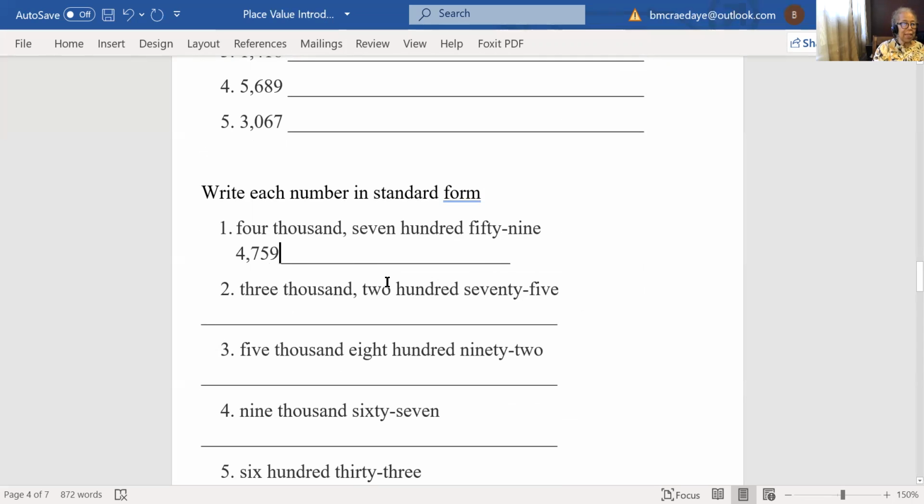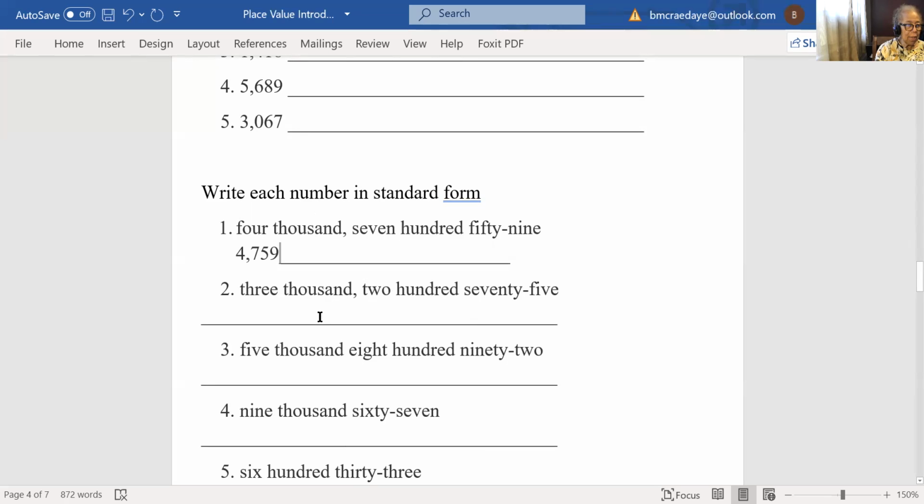That would be that number in standard form, 4,759. And as we said before, this number at the far right, the 9 is the ones, the 5 is the tens, that's the 50, 7 is 100, 700, and 4 is the 1,000.